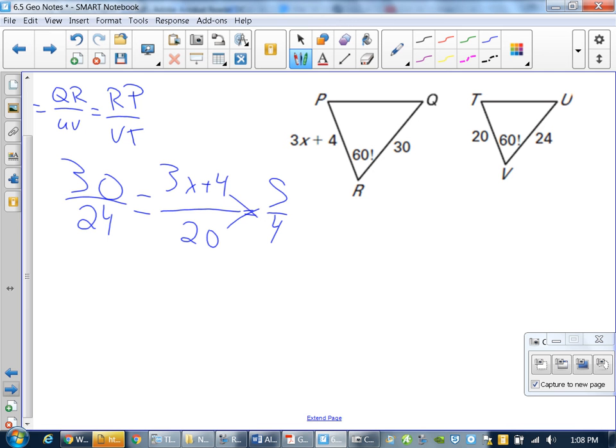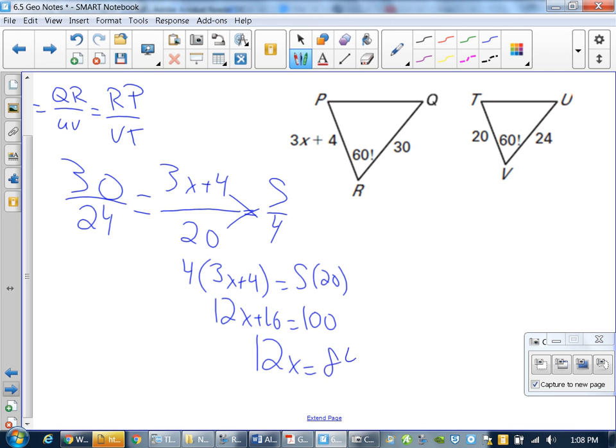So you cross multiply. 12x and a 16 is 100. And you're back to a very fast two-step equation. Subtract 16, what is it, 84? And again, you get 7.